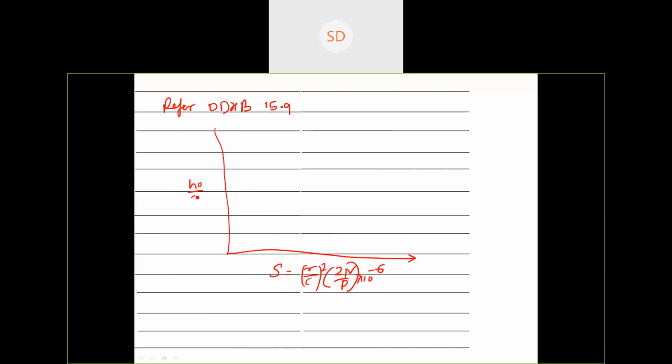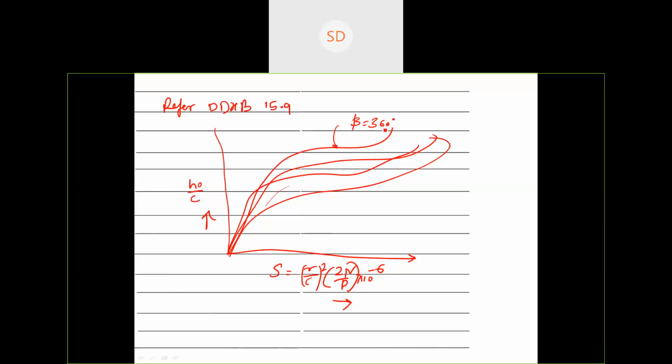On this side you have h naught by C. These curves are related to the bearing angle, whether it is a full journal, a half journal, or a 90-degree bearing. Now you can just observe the diagram here.